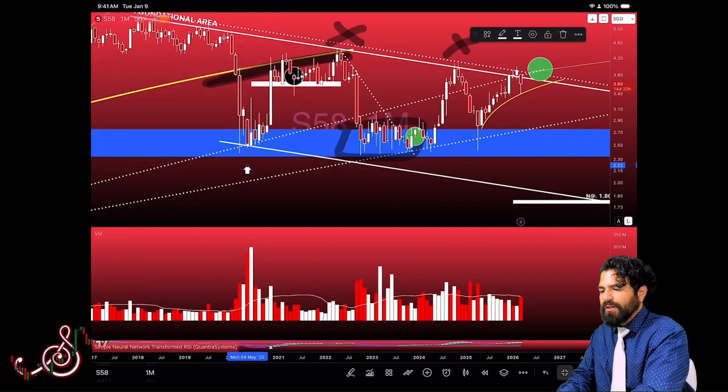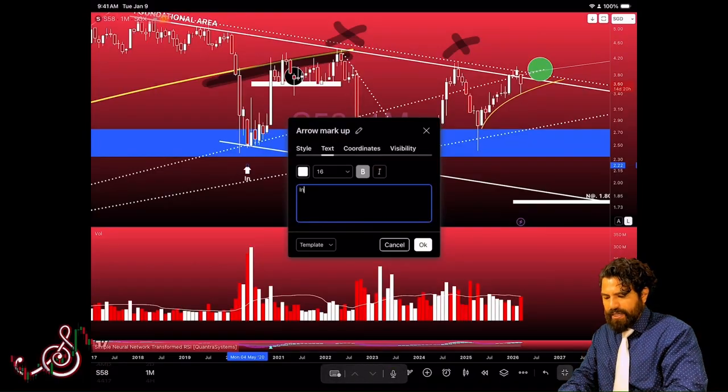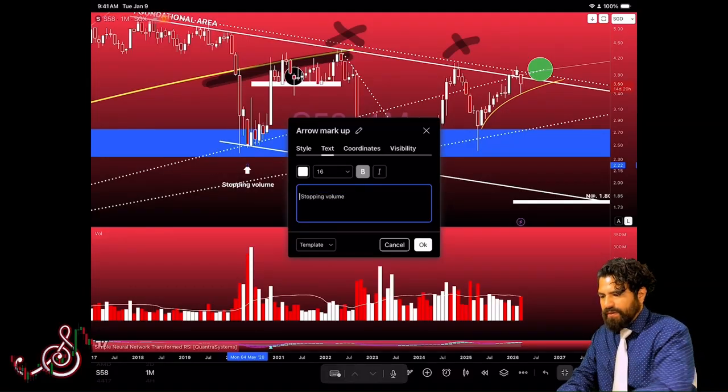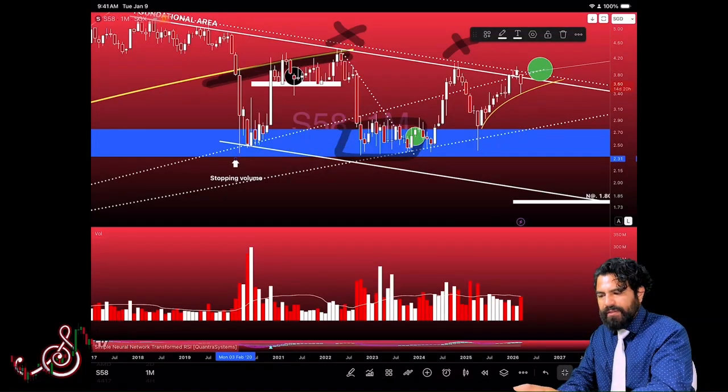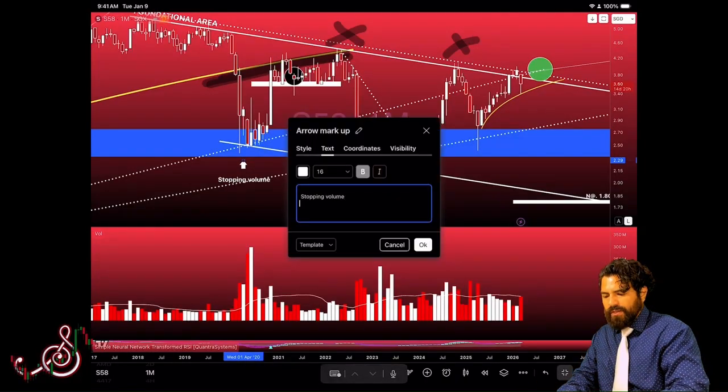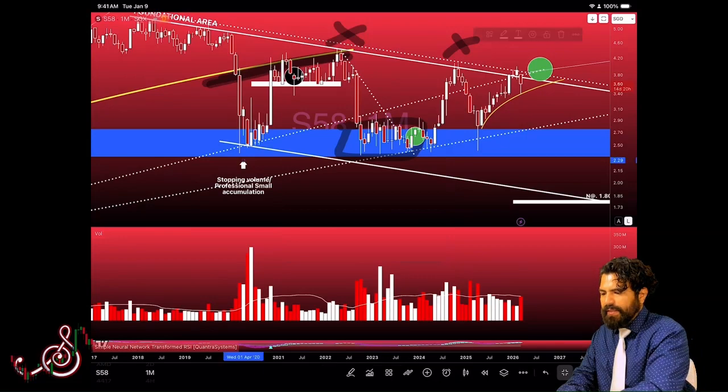So this one, again, could have been our initial stopping volume. Okay, we got that one, possibly right here and here. Small accumulation, or we're going to be professional and say accumulation, and we need to make sure we put small just for your learning.